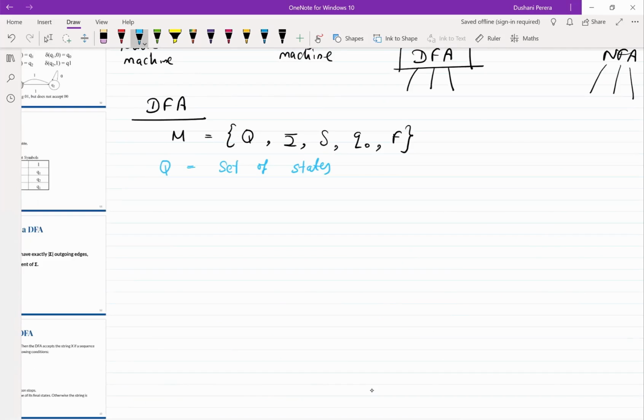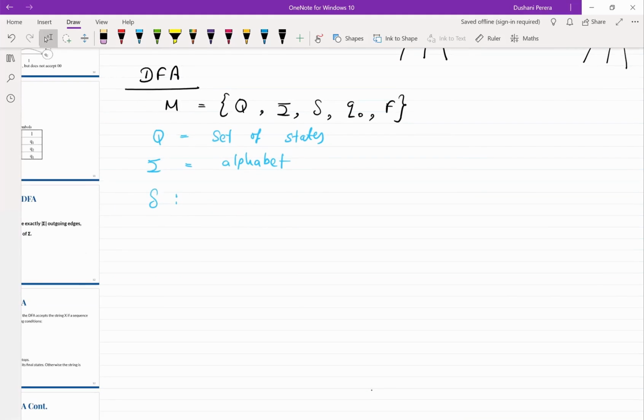Then sigma is the input alphabet. So in the previous case, that is simple A and simple B. Then we have delta. Delta is a function between Q cross sigma to Q. This we call the transition function.